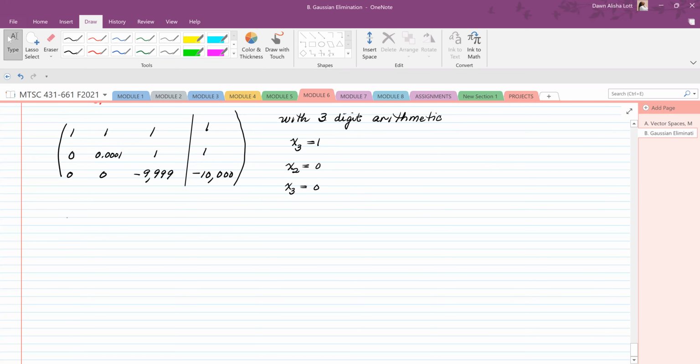But the true solution x is 1.0000, negative 1.0001, and then 1.0001. Okay. All right, so the problem became that the M_ik was so big.